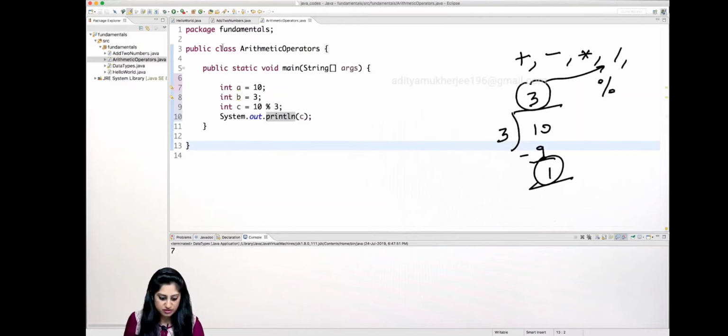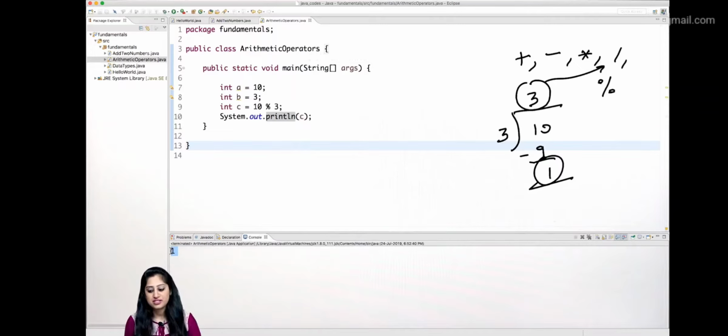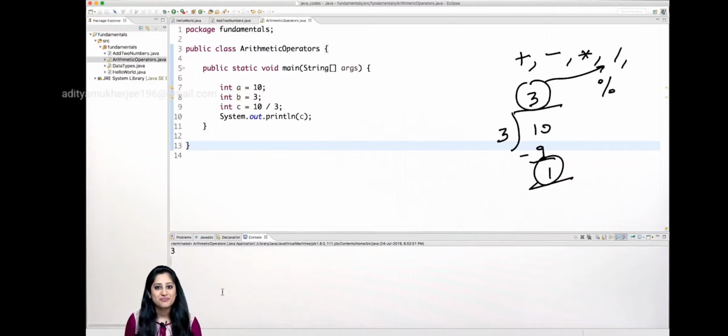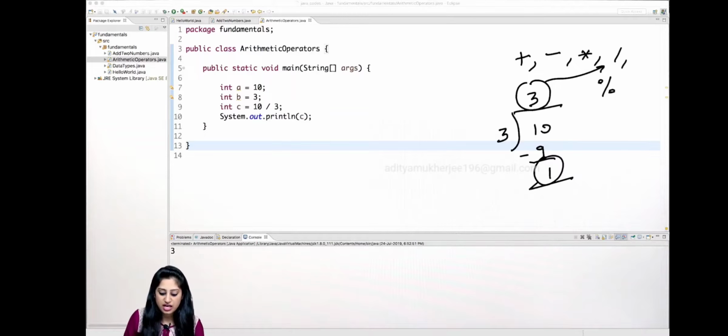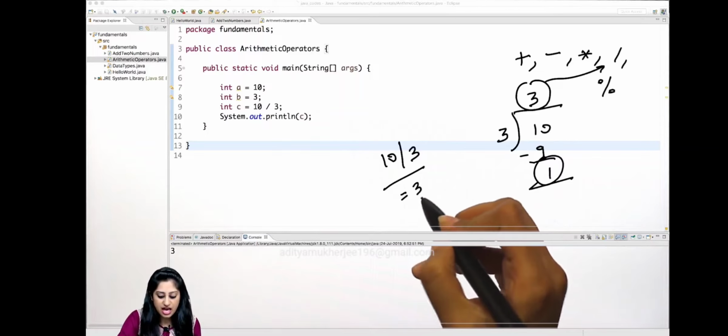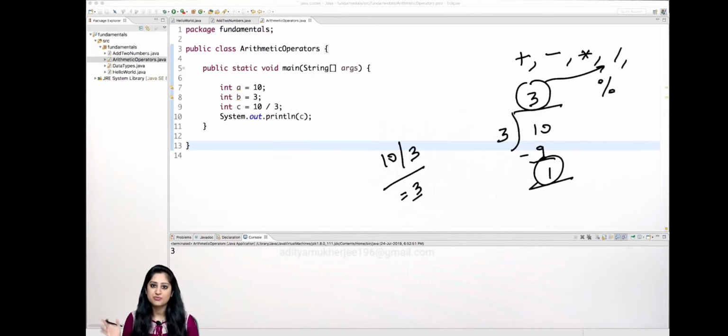So now if I save it and run it once, you'll see you have answer 1, right? So the remainder is 1. Similarly, 10 by 3 is going to give you the quotient, and that is 3. One thing that I want to highlight here is that when you are doing 10 by 3, the answer is 3 and not 3.33 and something.